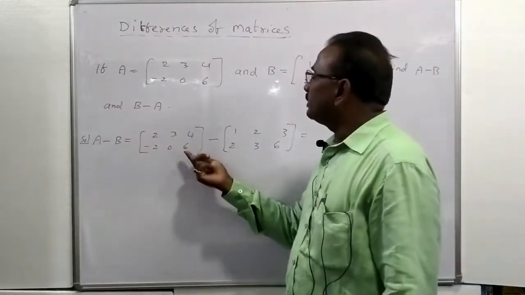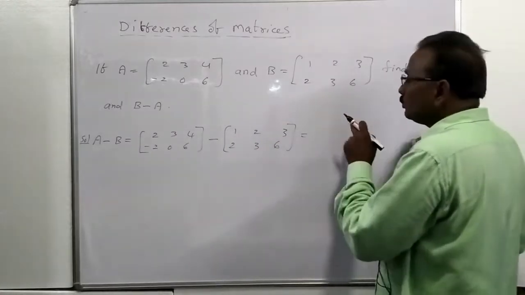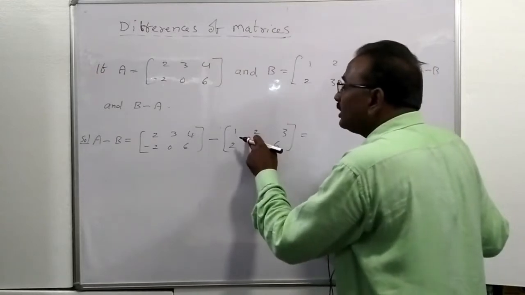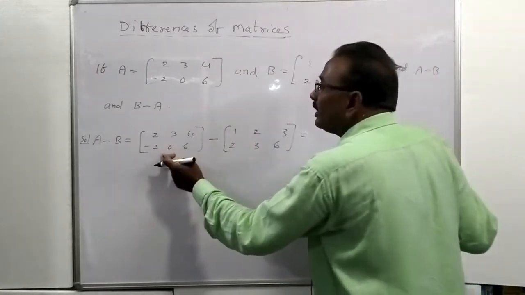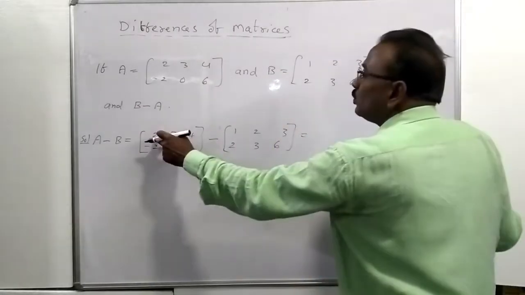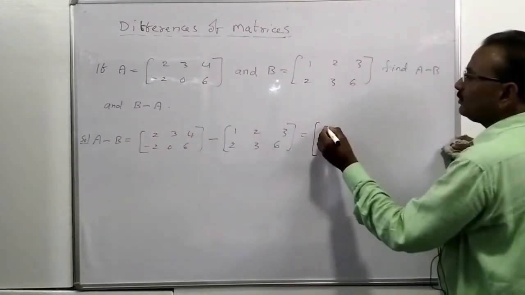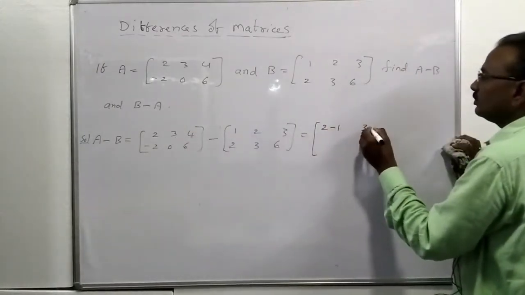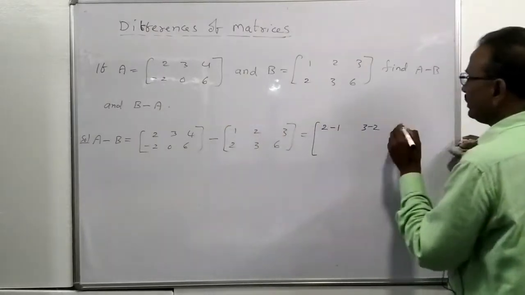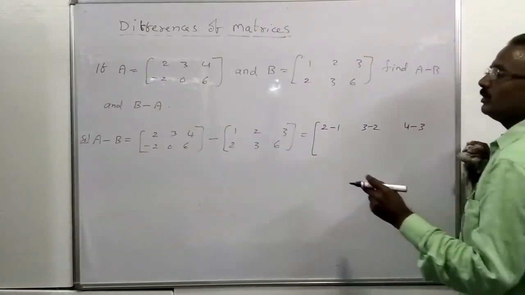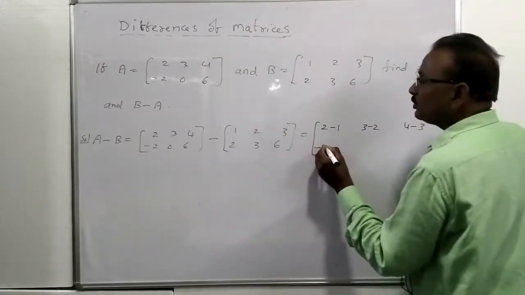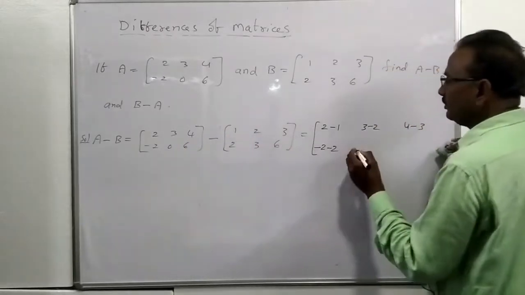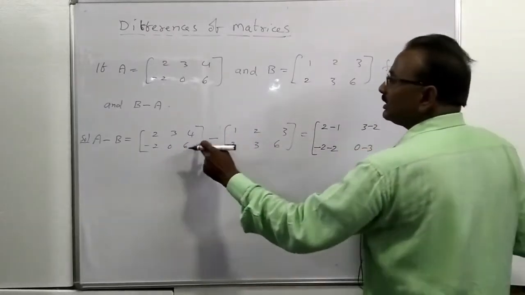A minus B is a matrix whose elements are obtained by subtracting the elements of matrix B from the corresponding elements of matrix A, that is 2 minus 1, 3 minus 2, 4 minus 3, next minus 2 minus 2, 0 minus 3, 6 minus 6.